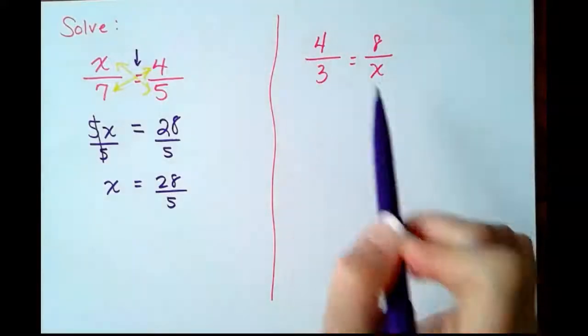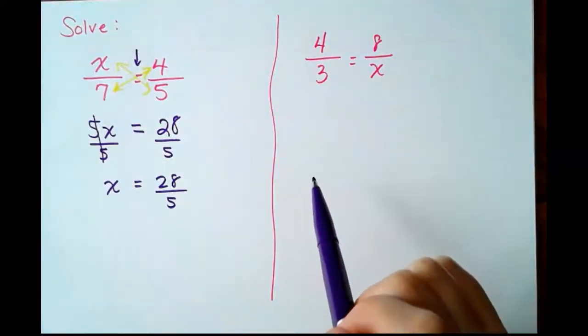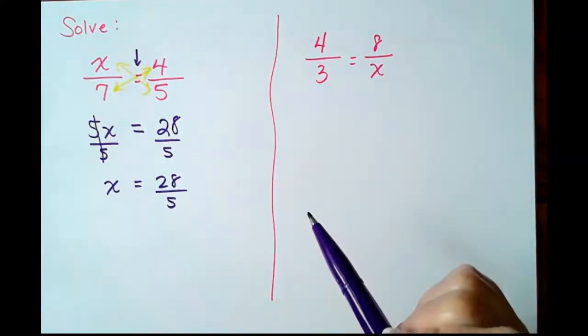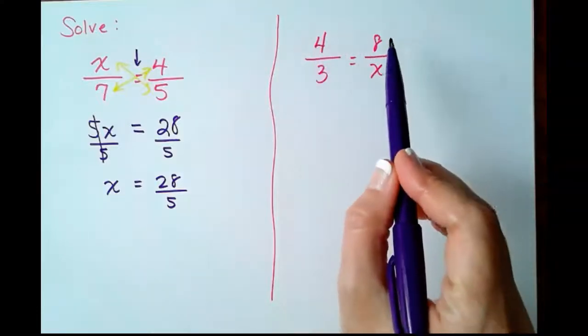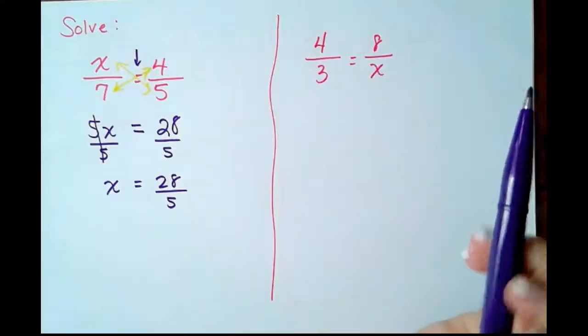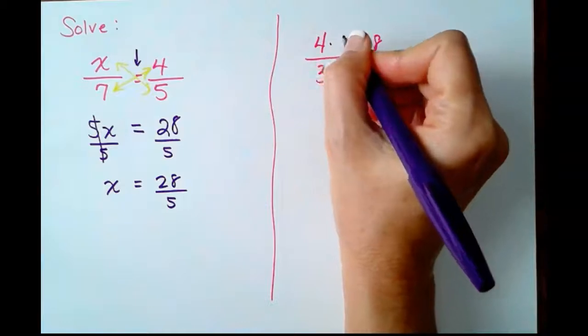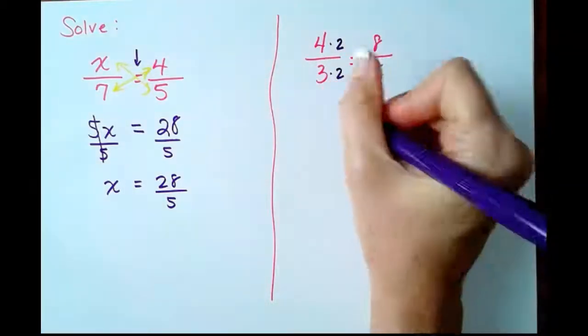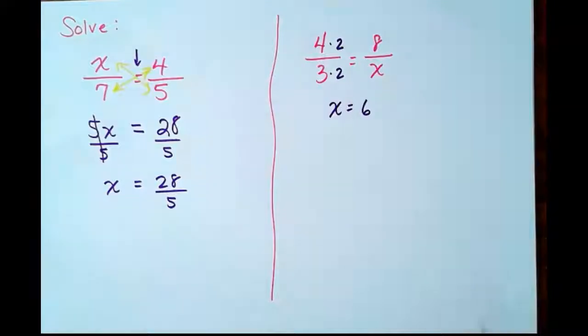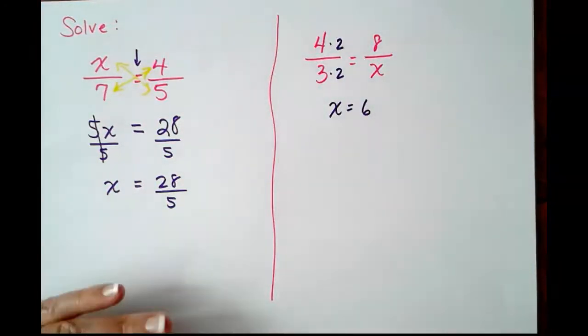Next, this one maybe you can see a little bit better, and then we'll prove it with the cross multiplication. 4 times what is 8? Well, we can easily multiply 4 by 2, multiply 3 by 2, and see that x equals 6. So what you learned in upper elementary school and pre-algebra works pretty nicely on that one.